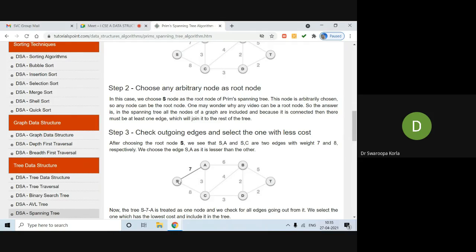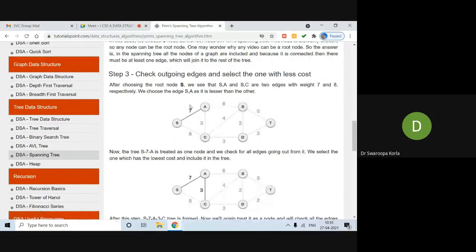So the second step is to select any node as a root node. We are selecting S as the root node. Now we need to check what the outgoing edges from the root node are. Here the root node is S; S to A is an outgoing edge, and S to C is another outgoing edge.